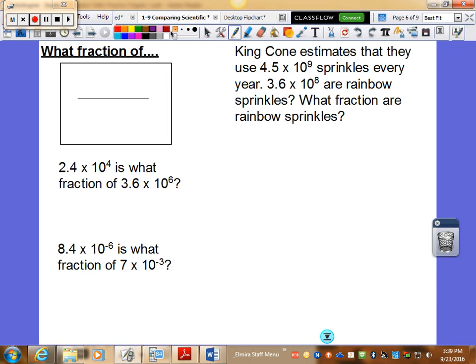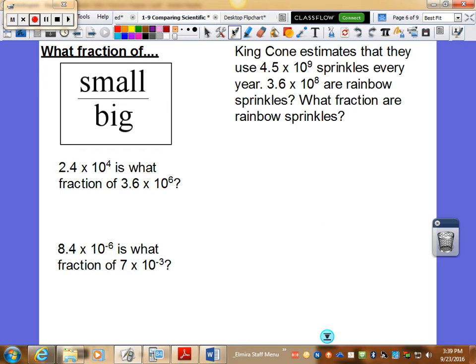All right, lastly, some of your homework questions this weekend are going to ask you what fraction of something is something else. And this is the reverse of what we just did. If we're making the fraction, we want the small number on top and the big number on the bottom.